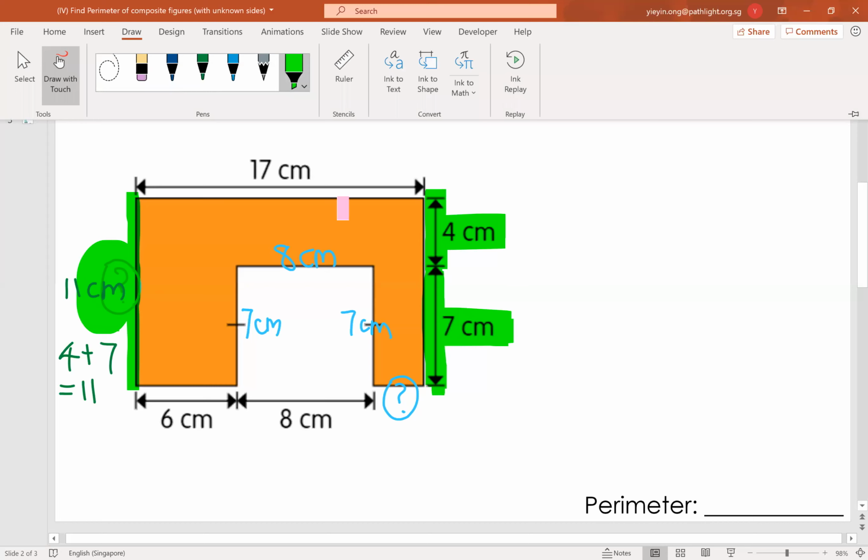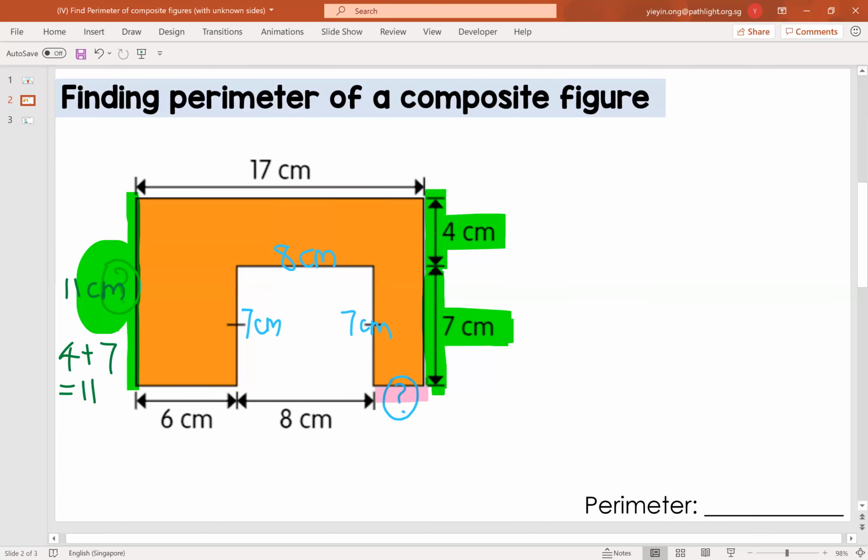Okay. Now let's find out what is the other question mark. So I'm going to highlight in pink. You can see that this question mark highlighted in pink, this side, is a part of the 17 centimeter. The whole 17 centimeter is made up of the 6 centimeter side, 8 centimeter, which is this part, and the question mark.